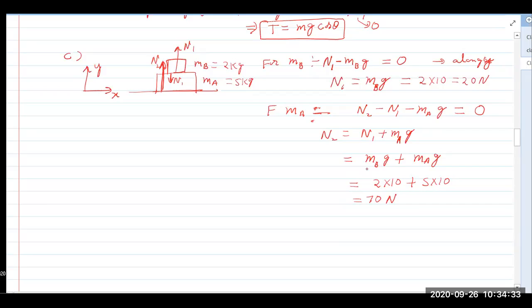You can see M_A g and M_B g both are coming. Although we have not included the M_B g mass directly on the lower surface, it is coming through N1. N1 is equal to M_B g, so that's why we are getting these two terms together. At the lower surface, the normal is due to the combination of both the weights.